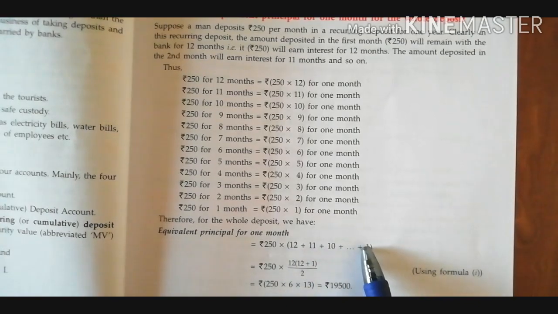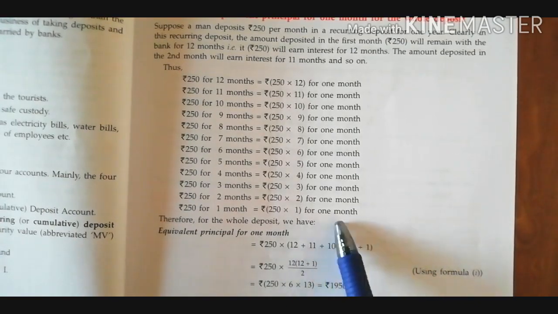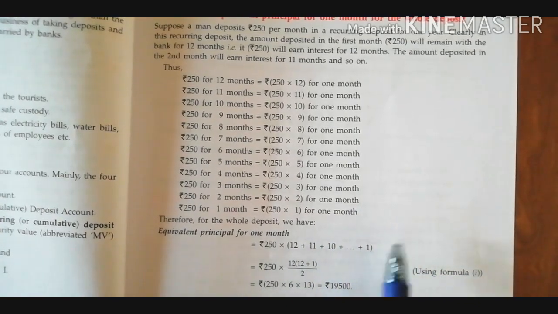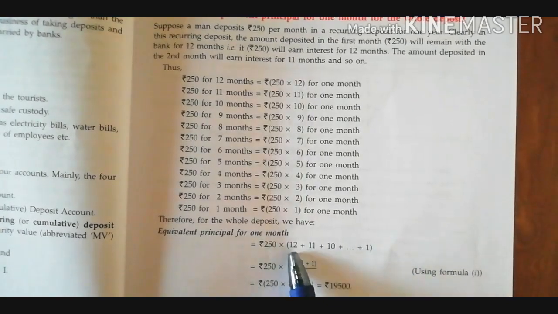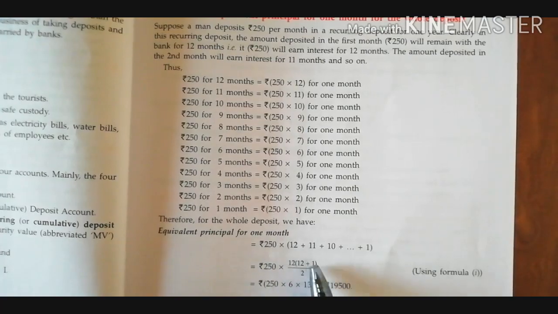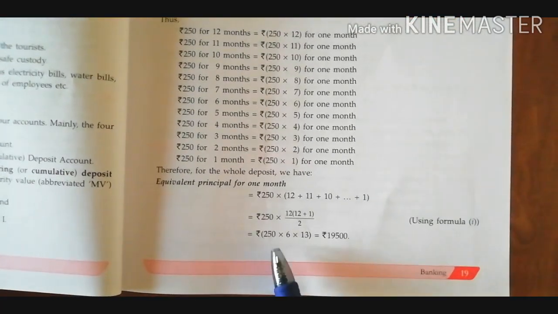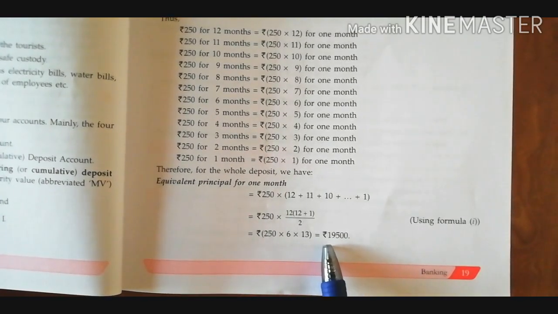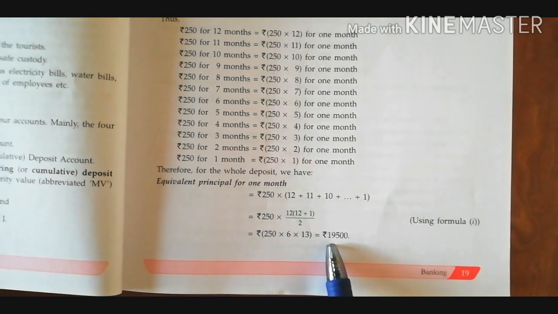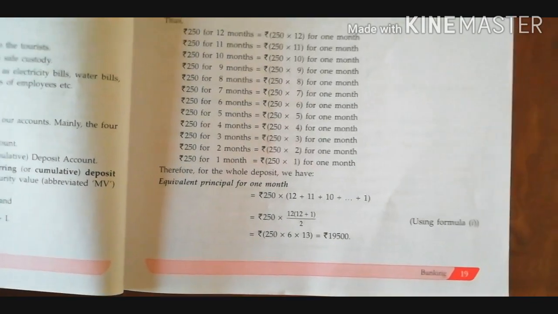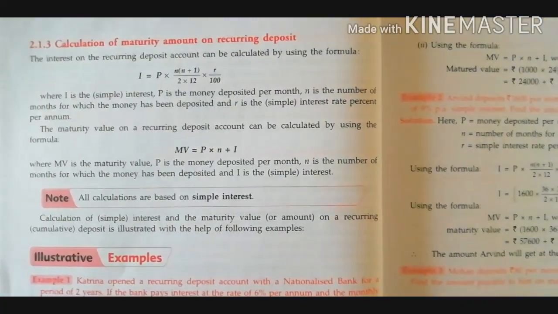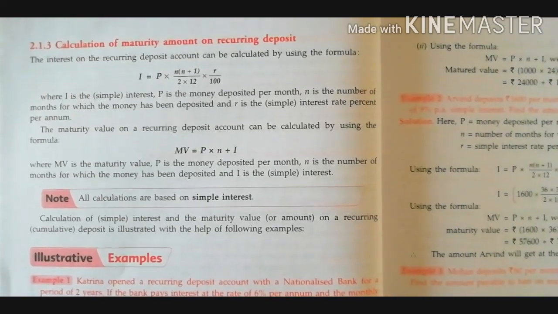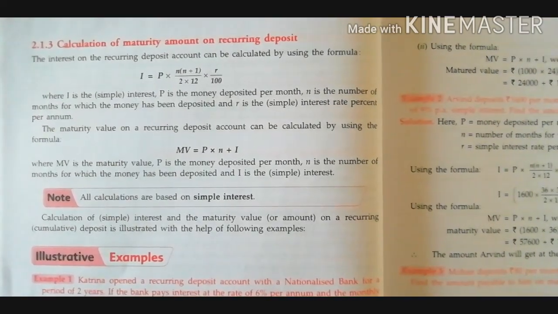Instead of this we can use the formula n into n plus 1 by 2. Here n is 12, so we write 250 into 12 into 12 plus 1 divided by 2, that is equal to 250 into 6 into 13, which is 19,500.